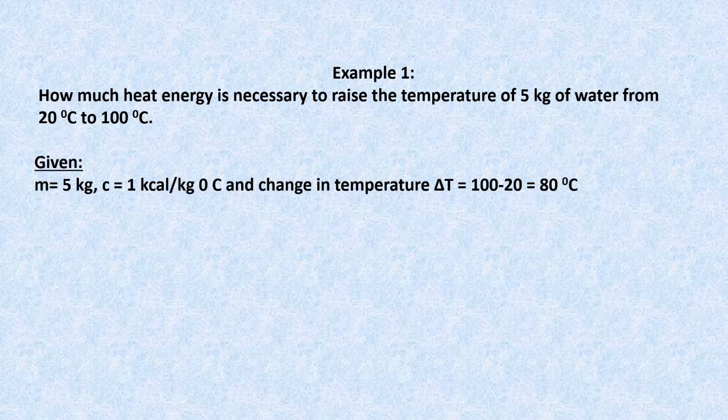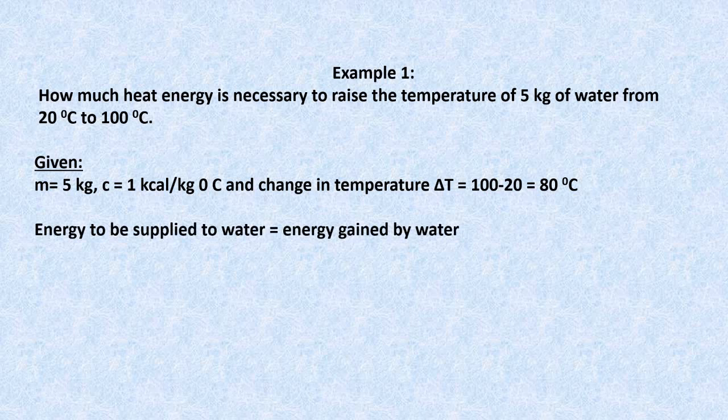The specific heat C is 1 kilocalorie per kg degree Celsius, and the temperature is raised from 20 to 100 degrees Celsius. So delta T, the change in temperature, will be 100 minus 20, which is 80 degrees Celsius.